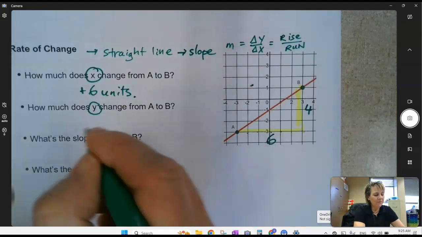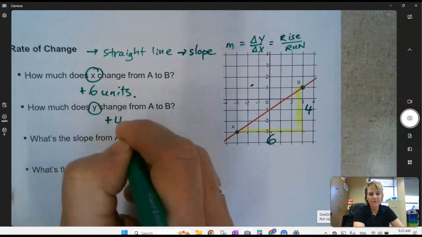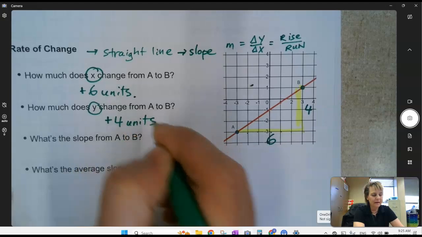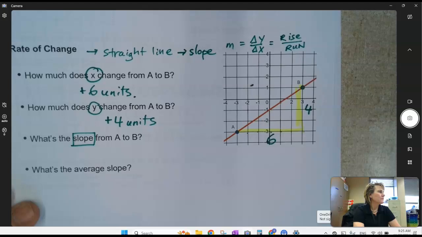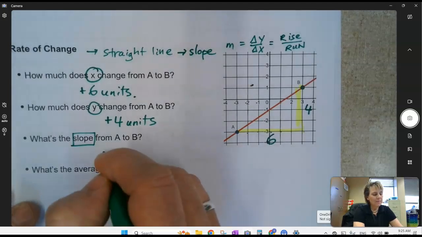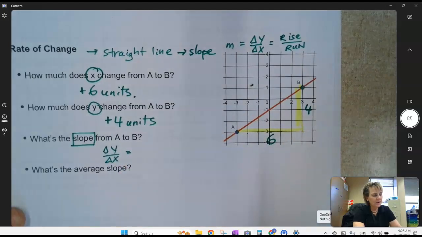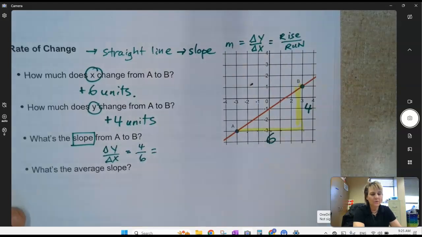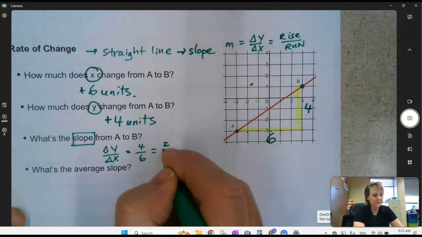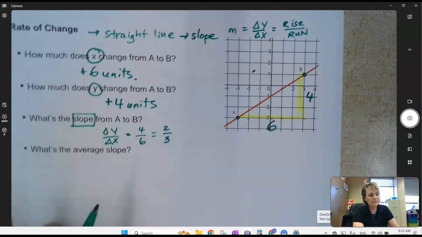Right, we're going up 4 units, so it's positive 4 units. Now they're saying, what's the slope? Remember, we're doing the change in y over the change in x. So we're going to do the y's over the x's, which is 4/6, and it simplifies to 2/3.